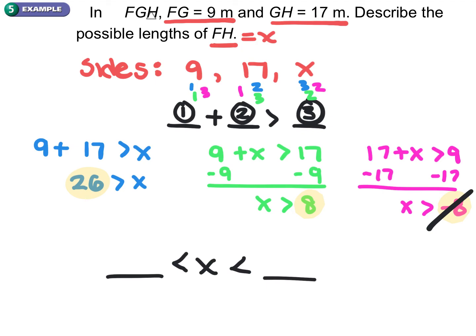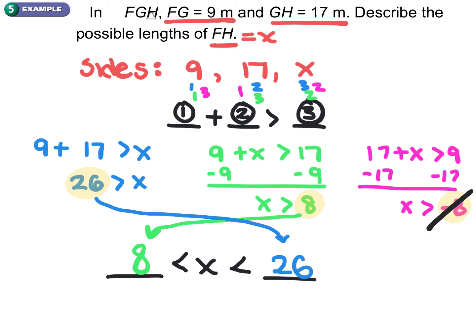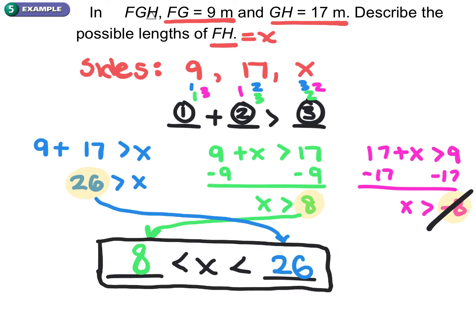Now the smaller of my two answers is going to go in the first blank. So the smaller of the two is 8. And then the larger of the two answers is going to go in the other blank, which is 26. So my answer is the length of FH is 8 is less than x is less than 26.